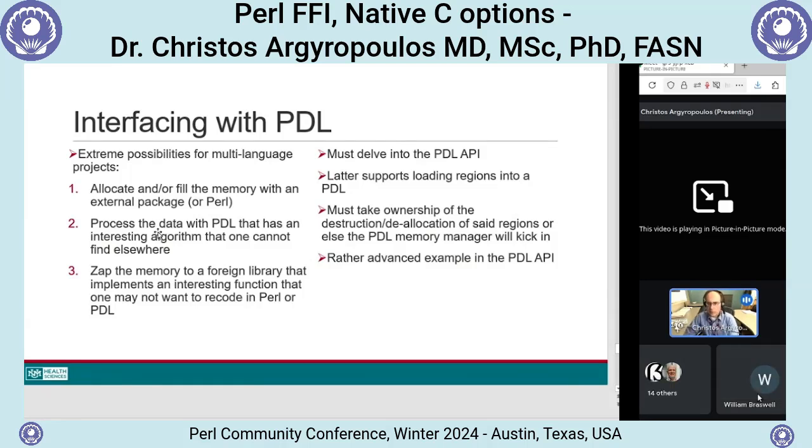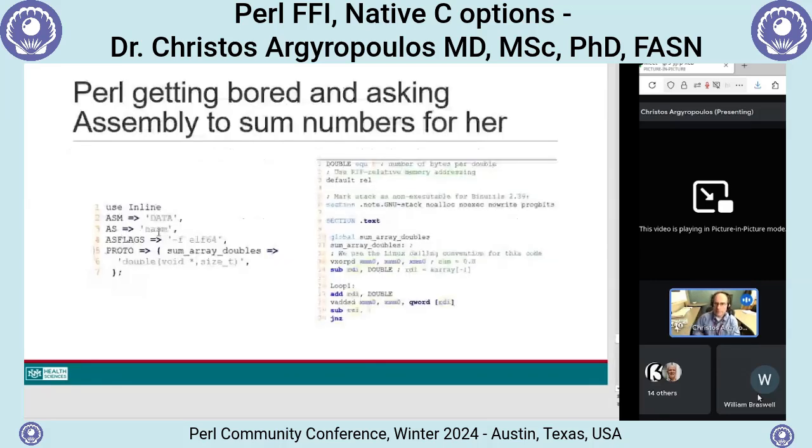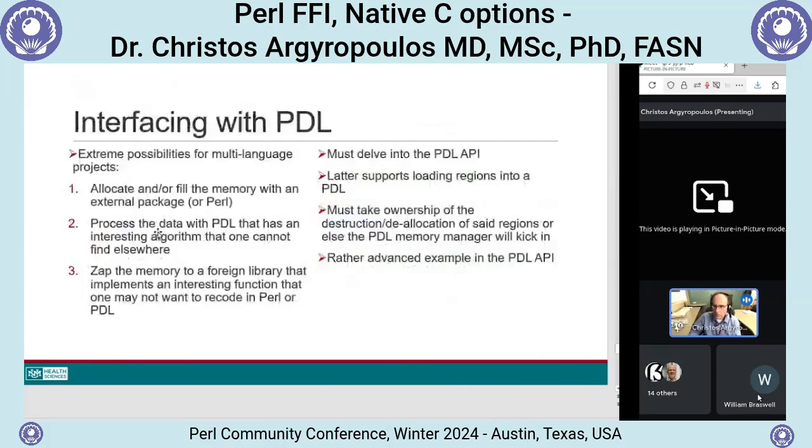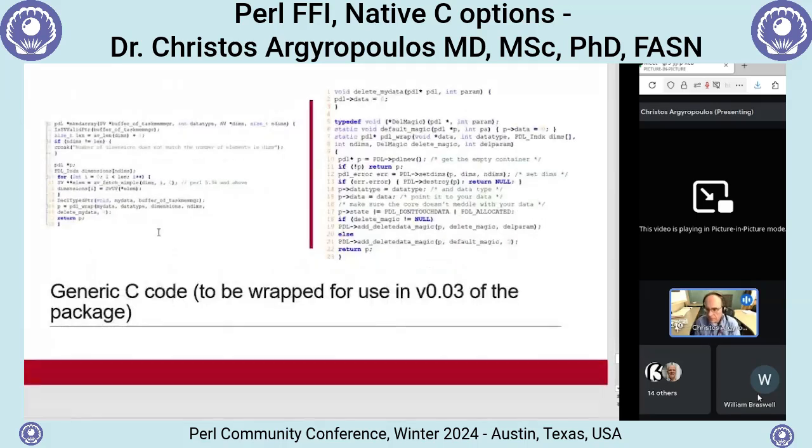The nuance here is that you must take ownership of the destruction and the allocation of the memory, so that the PDL memory manager doesn't do it for you, in which case you have lost the buffer that you worked to create. So this requires generic C code, which is generic enough to be wrapped into a module, which I intend to do later in the year.